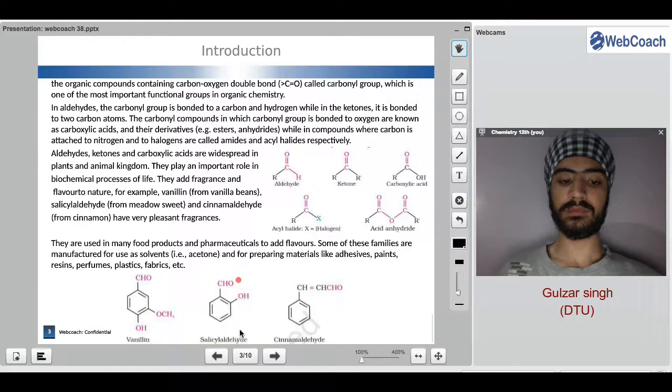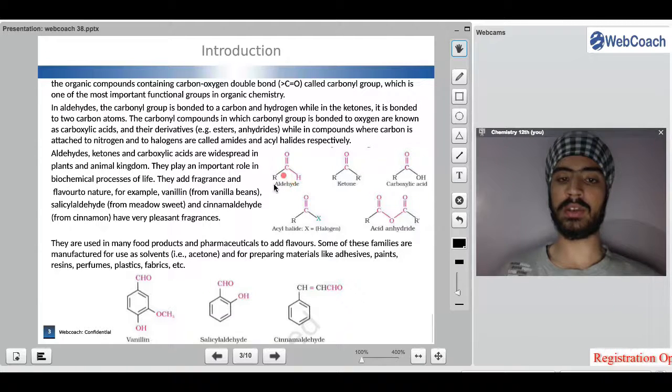So this is the structure of vanillin, salicylaldehyde, and cinnamaldehyde. These are typical aldehydes. These are typical ketones. This is a carboxylic acid, acyl halide, acid anhydride. Acyl halides have a halogen attached to it.